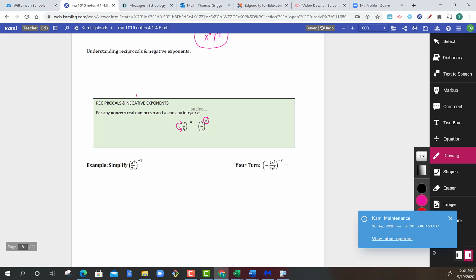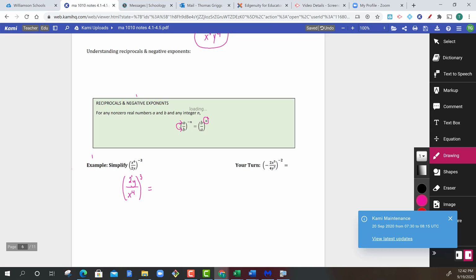Is we are raising x to the 4th over 2y to the -3rd power. So you could do the power to the power rule here. But before we do that, I'm going to flip the fraction and then make that exponent positive, just to simplify things just a little bit.